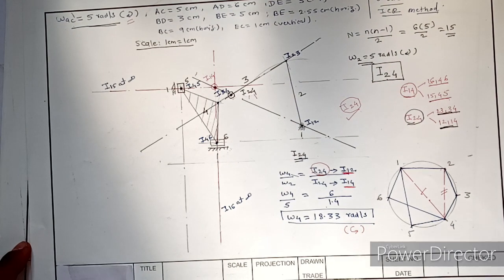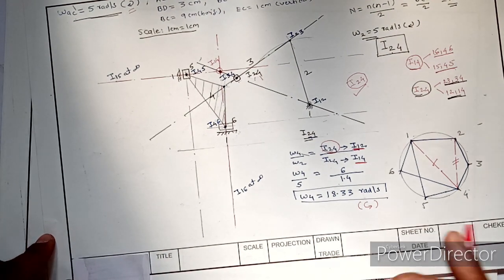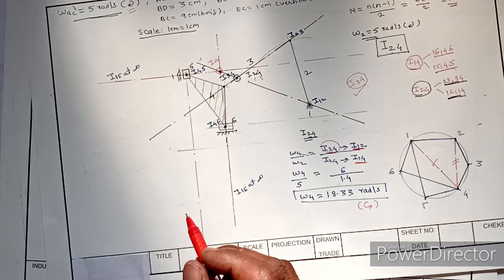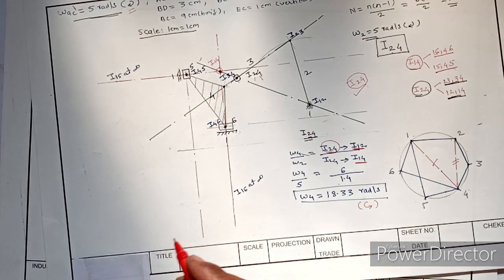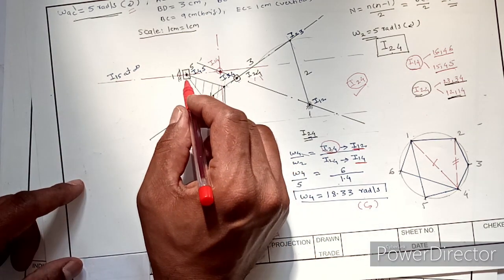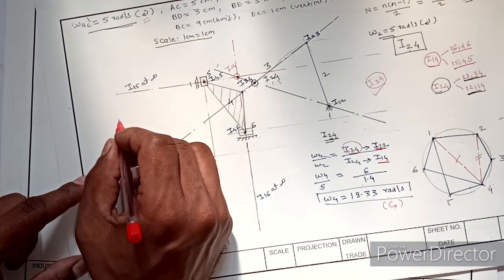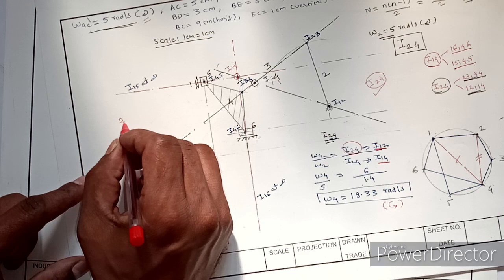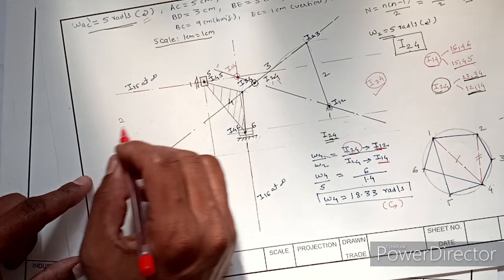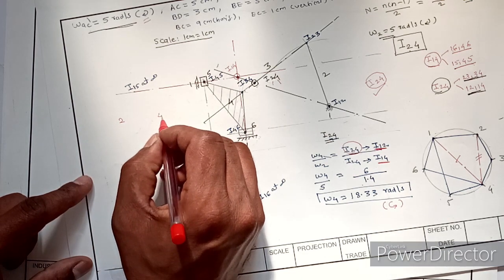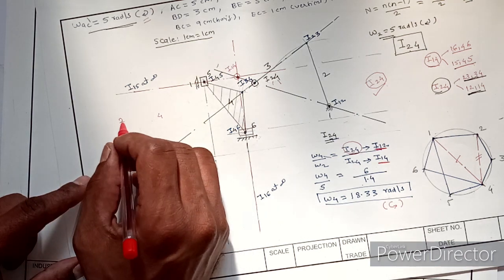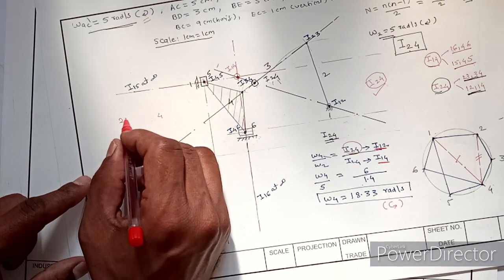Now let us try to find out the velocity of link number 5, which is the slider. So now we have link number 2, whose velocity is known, and link number 4, whose velocity is also known, and we want to determine the velocity of link number 5.